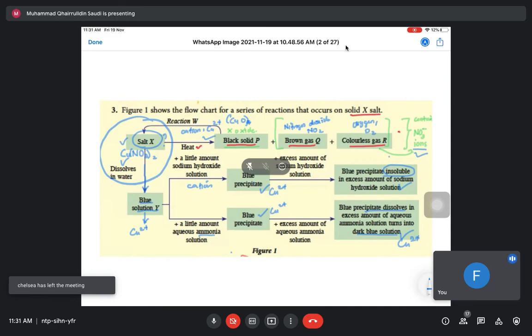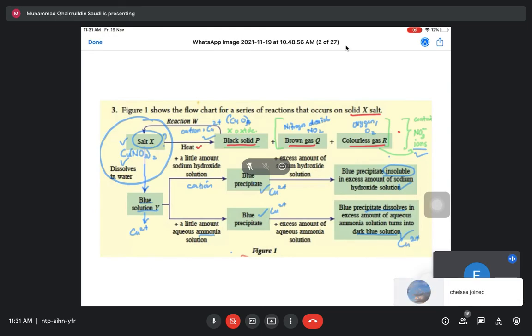Do the exercise and upload your answer in Google Classroom before Tuesday midnight. If you have any questions while doing the exercise, you can always message me and ask questions. Cuma I cannot help you if you don't remember all the observations and the reagents.